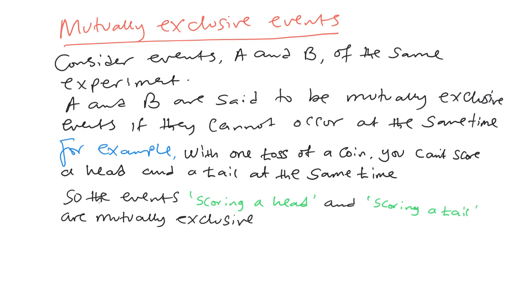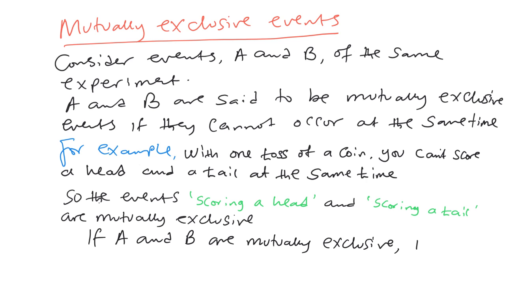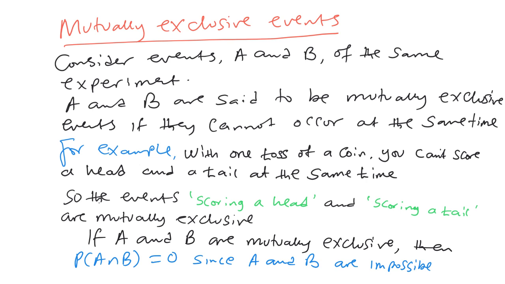What about the intersection? Let's write something about this. If A and B are mutually exclusive, then, and this is the most important thing about mutually exclusive events, the probability of A intersection B is equal to 0, since A and B are impossible events.